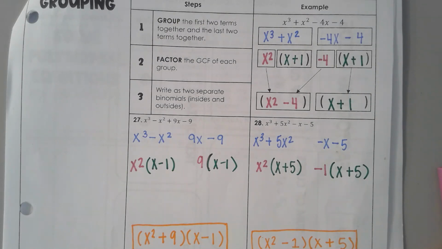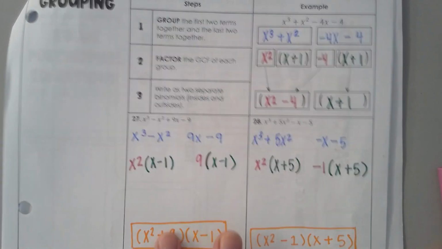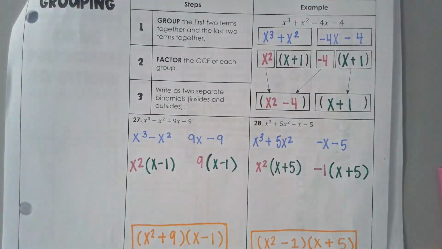What does it mean to be a difference of squares? You can square root the square, so you have 2 things that you can square. What does difference mean? Subtract. Do you see any factors that are subtracting 2 perfect squares?